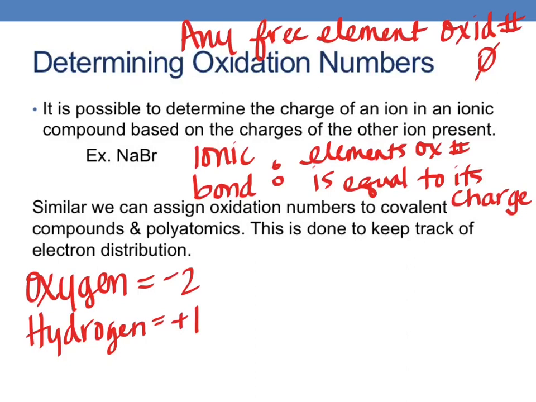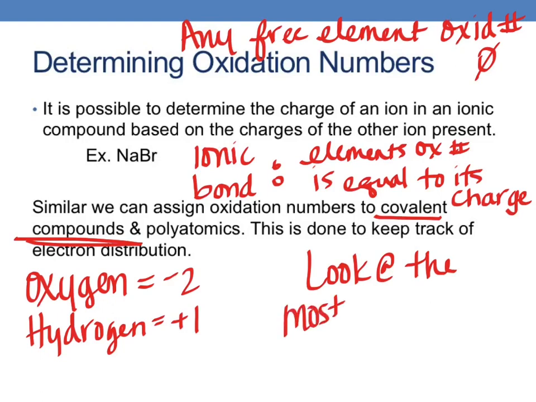Now, in a covalent compound, what you need to do is look at your most electronegative element. That's usually the last one in the compound.